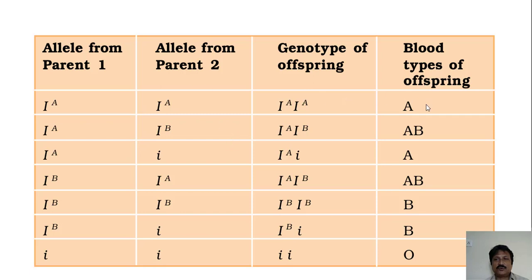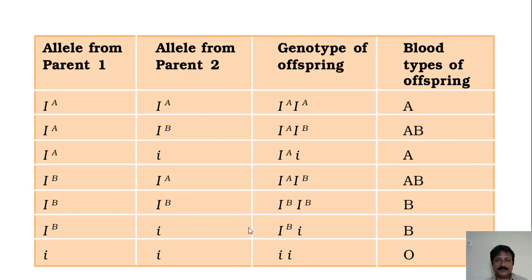Now, a person having blood group A can have two different types of combination. It can be homozygous A, or it can be heterozygous A. When heterozygous, if one parent donates small i and another parent donates capital IA, then the offspring of course is A blood group, but it is a heterozygous condition.